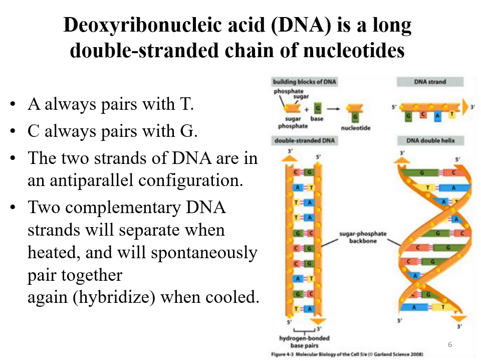Here you can see the structure of a DNA, which is double-stranded, and the bases or nucleotides follow the rule of complementarity. The two DNA strands separate when they are heated and hybridize again when they cool down.